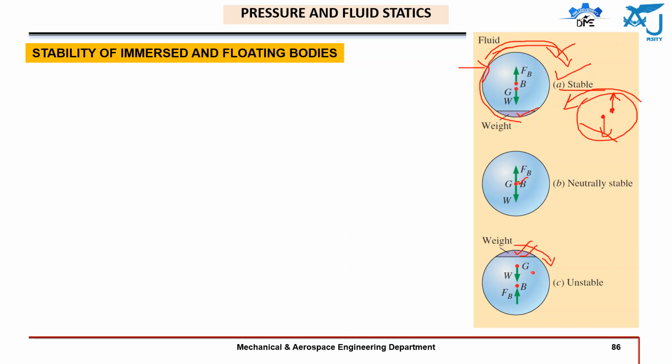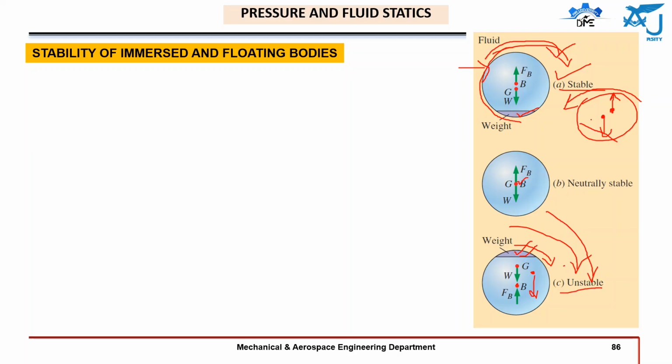This G will come here, this B will still be here. But in the direction of disturbance, a supporting moment will be generated, so it will twist the body further. So it is an unstable case.